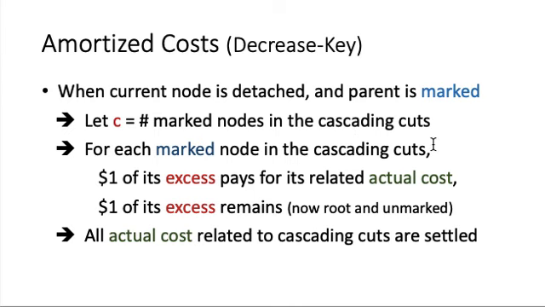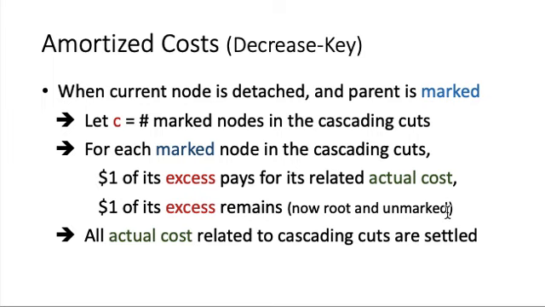The detachment costs 1. Also, because it is now becoming the root of a new tree, $1 is left, and it is kept as the excess inside the node because it is now a root. It is now unmarked as well.